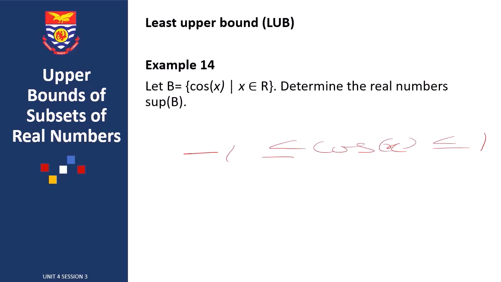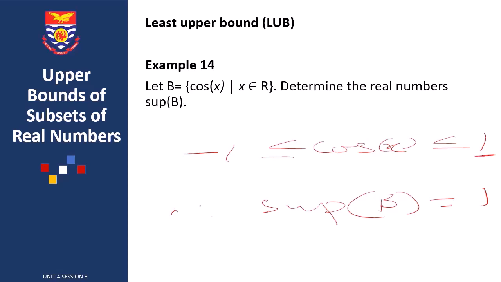So there are infinitely many upper bounds of the set B, because the least one is 1, so you can have 2, 3, 4, 5, 20,000, 30,000, and the rest. So since the least one is 1, the sup of B equals 1, because that's the least and the 1 is included.